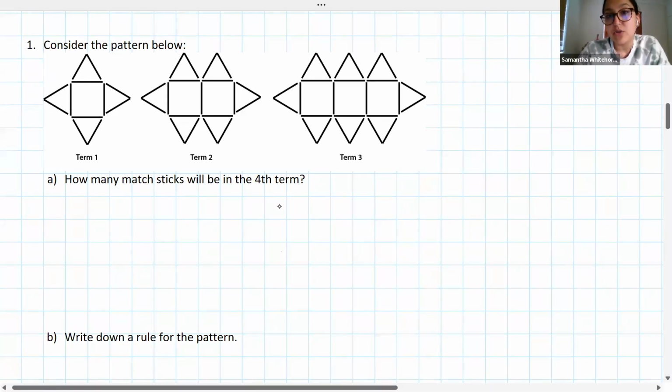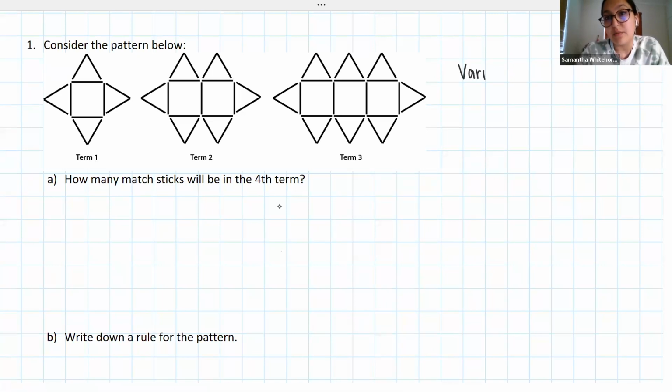Remember, the two variables we are particularly concerned with are our X variable, which represents our input value, and our Y variable, which represents our output value.